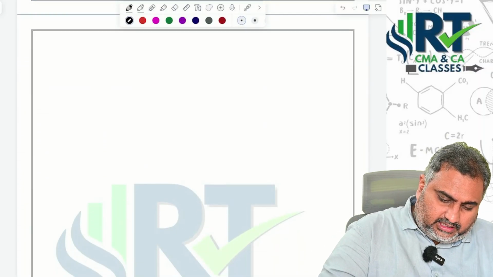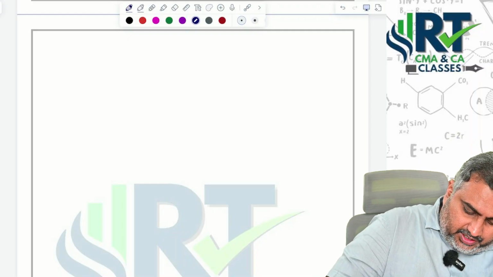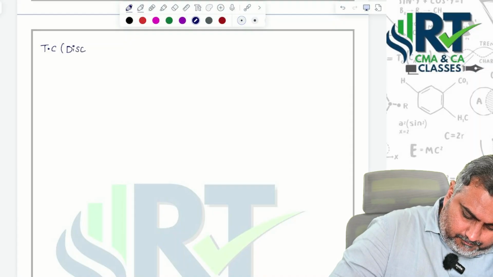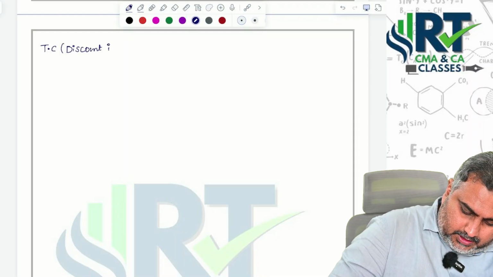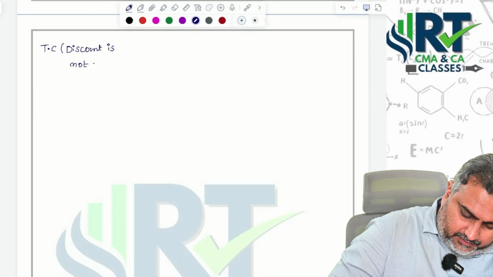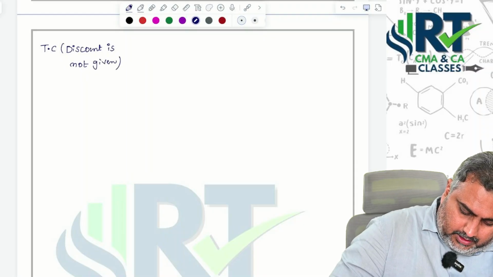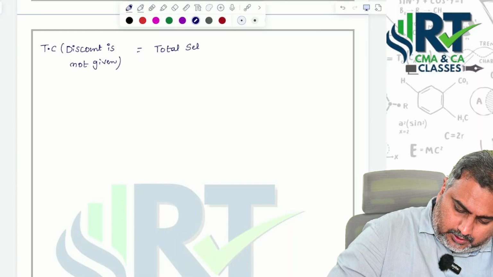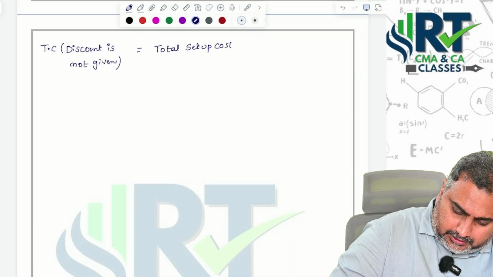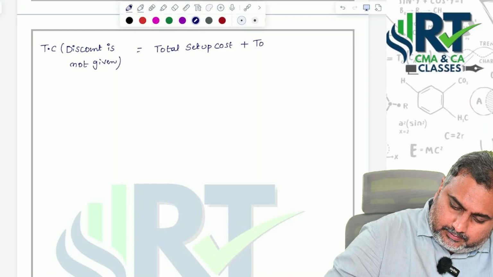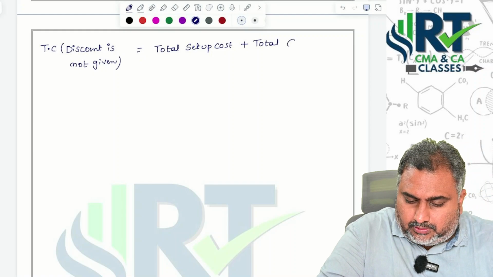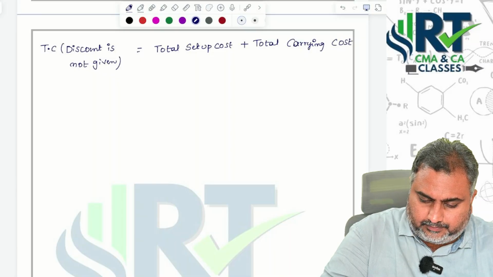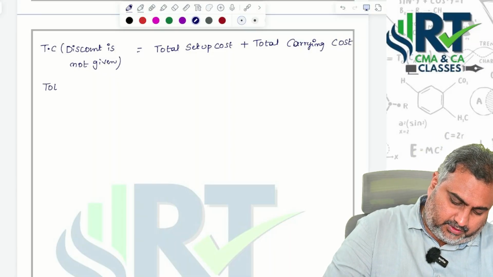Before starting with this, let's listen this. If you want to find out total cost, discount is not given in the question. Total cost means total setup cost plus total carrying cost. So total setup cost formula is what?